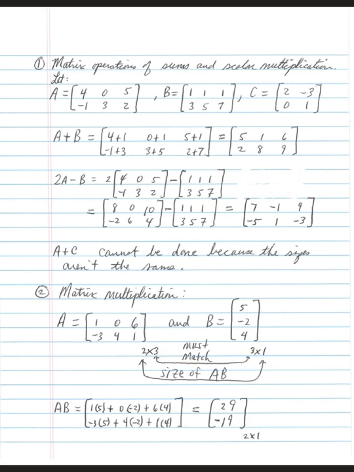If they do, then you can carry out the multiplication, and your answer will be the size of the outside numbers, 2 by 1. And of course, I recommend putting A and B, editing those in your calculator, and just letting it take care of the grunt work.